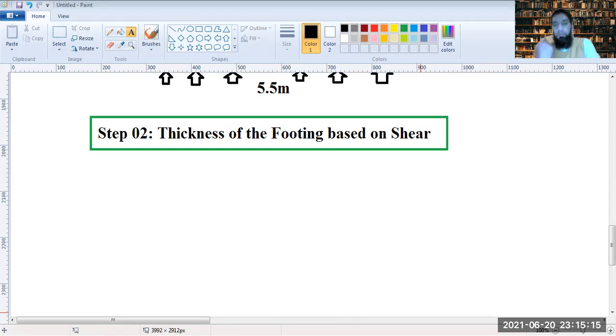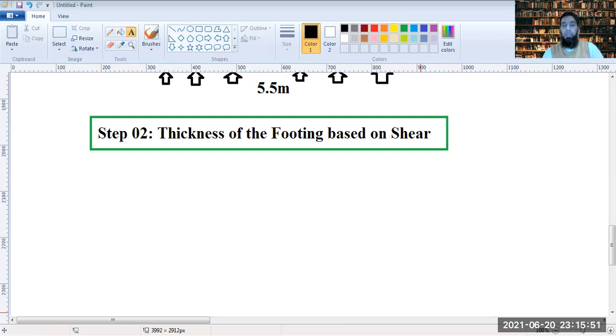If I first begin by assuming the thickness of the footing, then I can proceed with calculation of the shear criteria, and if they are within the check, and it's not too unconservative, then I will retain the same thickness.